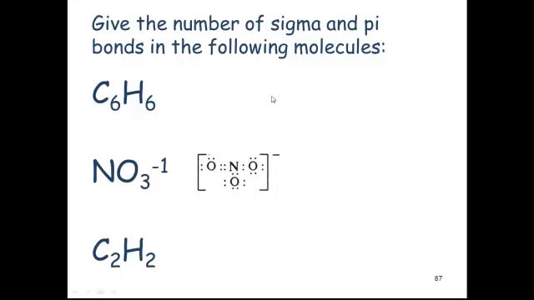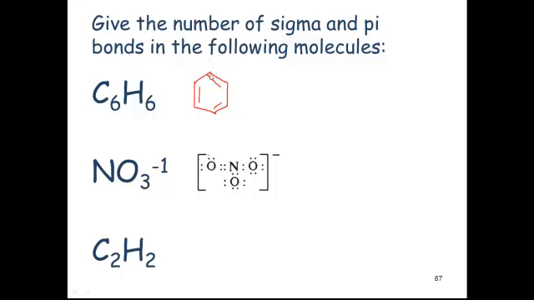When we go to tally up the number of sigmas and pi's in the molecule, we need to make sure that we know what this structure looks like. If we need to draw this, remember this is going to be a 6-membered ring. One way to draw it is with alternating double bonds, and it's easier to draw it this way so that you can tally up the number of sigmas and the number of pi bonds.